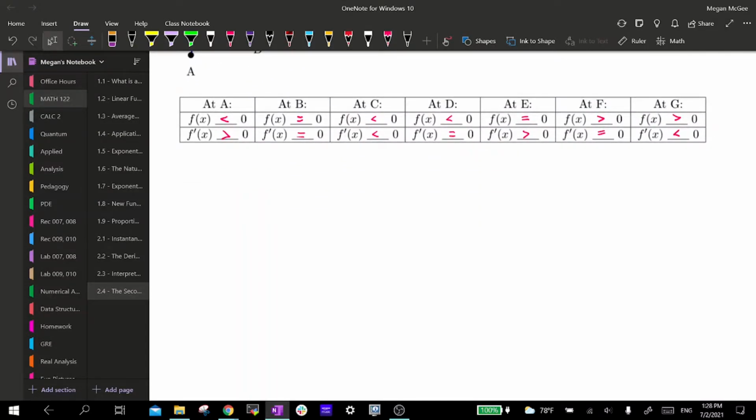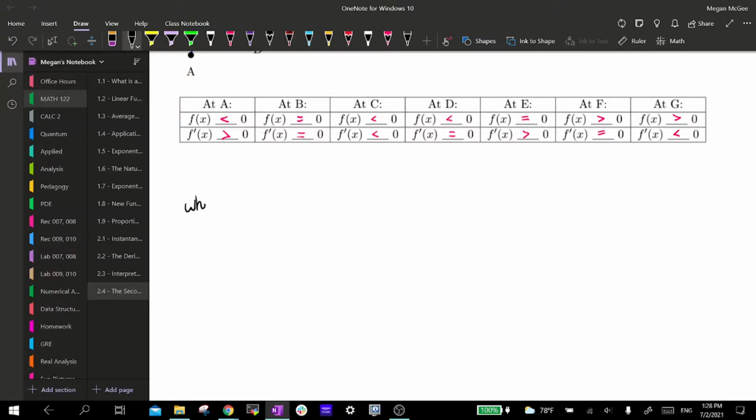Alright, so now we get to introduce the second derivative, and then we're going to come back again and look at this graph. So since the derivative is itself a function, we should be able to take the derivative of the derivative.